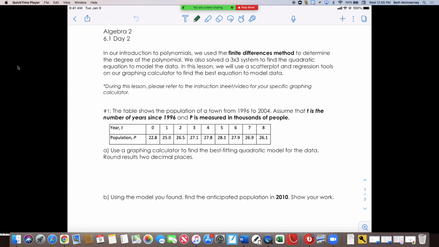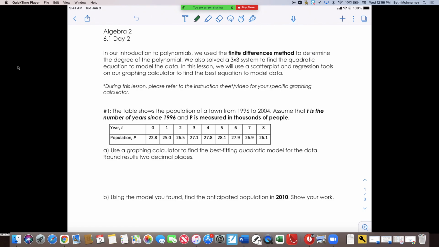If the year T is 0, what year is that? 1996. And if I have 8, what year is that? 2004, right? Because it's 8 years since 1996.